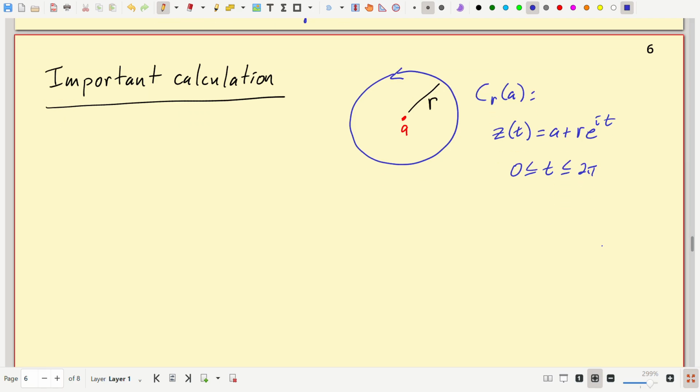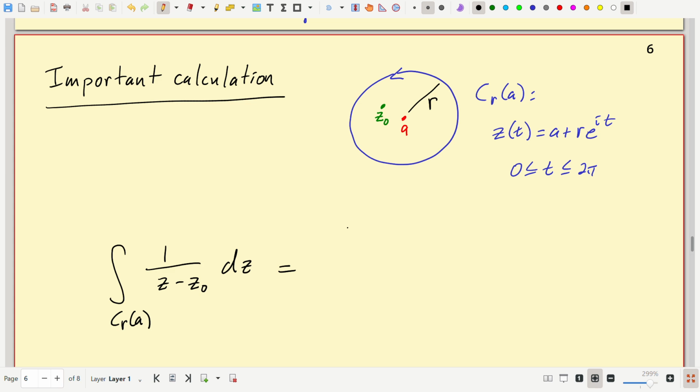Well, the important calculation is if I take a point in here, I'll call this z naught. Then the important calculation is the integral around the circle of radius r about a of 1 over z minus z naught dz is equal to 2 pi i.